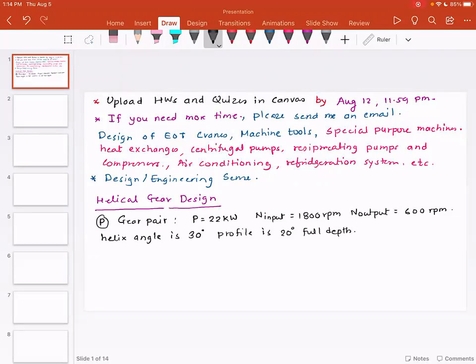So one thing I want to tell you about the helical and spur gear. Typically, spur gears and helical gears can be replaced by the same equivalent helical or spur gear. What it means, say for example, if you have a gear pair and one gear breaks down, you can just go and purchase an off-the-shelf replacement gear and it would just be dropped in.